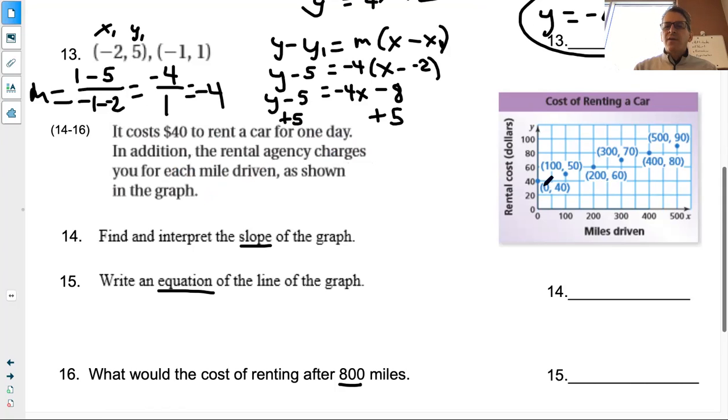Okay, so you've got a graph here: 0 miles, $40; 100 miles driven, $50; 200 miles driven, $60; 300 miles driven, $70; 400 miles driven, $80; and 500 at $90. So I'm not going to put this line in here, but that's the way it is.